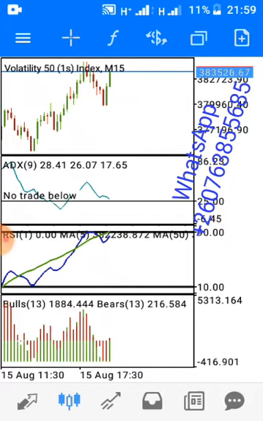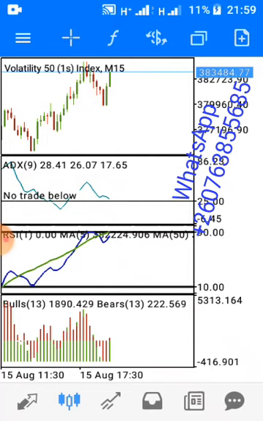Then, as your ADX is above 25, you're gonna make sure that on the RSI, if you're taking a sell, the moving average 5, which is the blue one, must touch the overbought level, which is level 90.